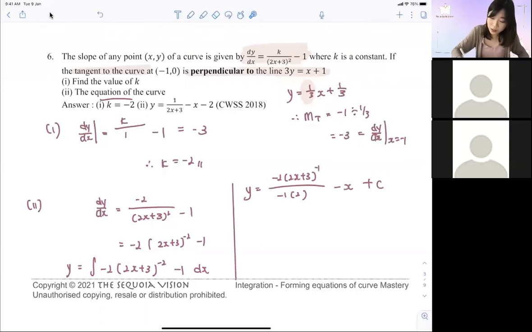Every time when there's an unknown in an equation, you sub in your point. So you have a point here, we can sub the point in.